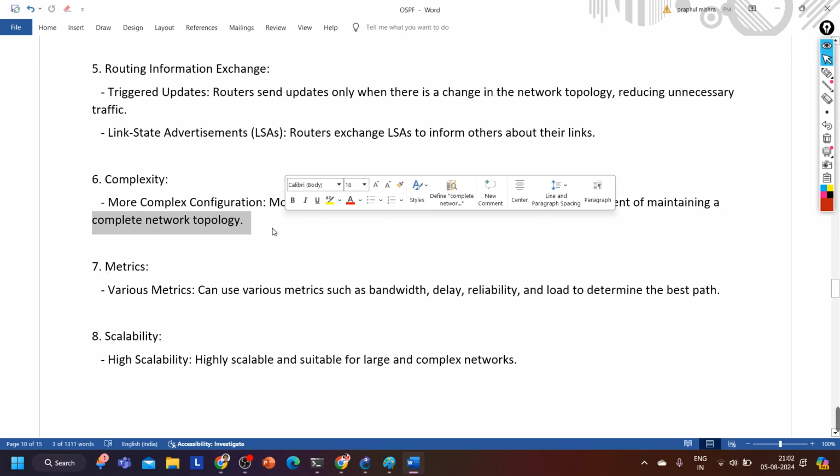Let's suppose I'm talking about an XYZ corporate network. In the XYZ corporate network, there are 1000 routers, right? So all routers are going to manage the same database. The database of all 1000 routers will be identical, the same, right?